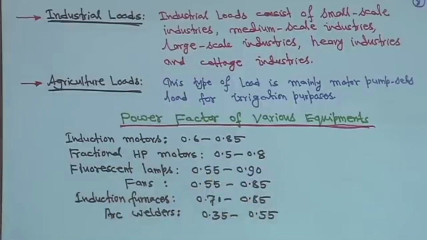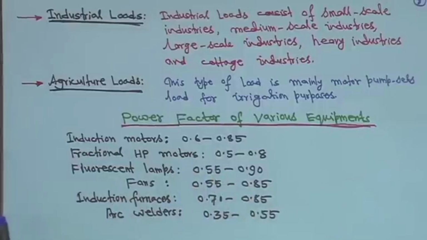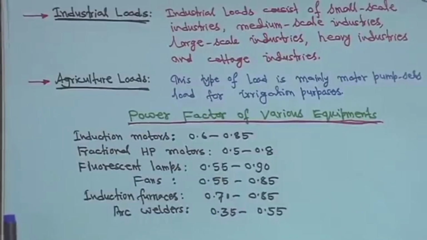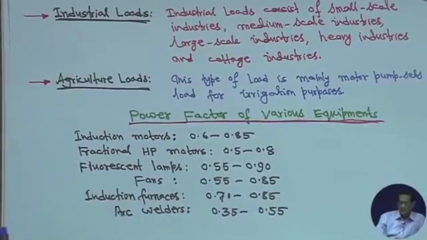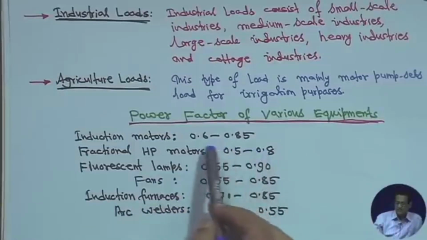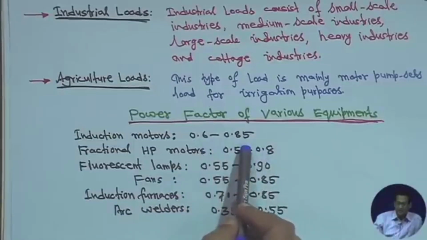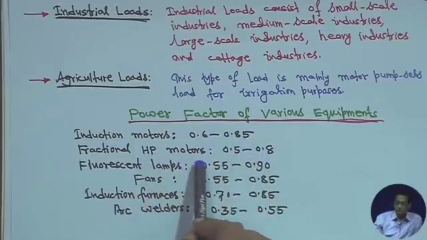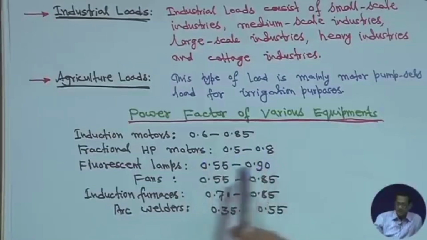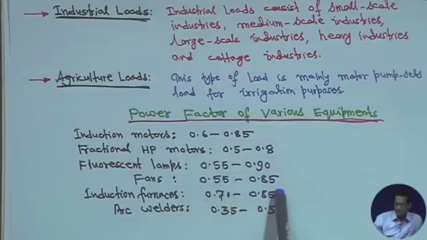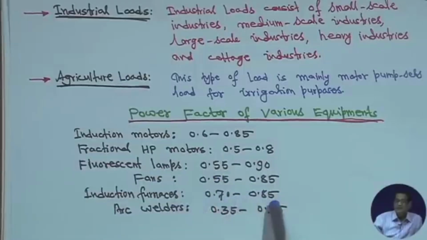Now, the power factor of various equipment. For example, induction motors generally 0.6 to 0.85, fractional horsepower motors 0.5 to 0.8, fluorescent lamps 0.55 to 0.90, fans 0.55 to 0.85, induction furnaces 0.7 to 0.85, and arc welders 0.35 to 0.5.